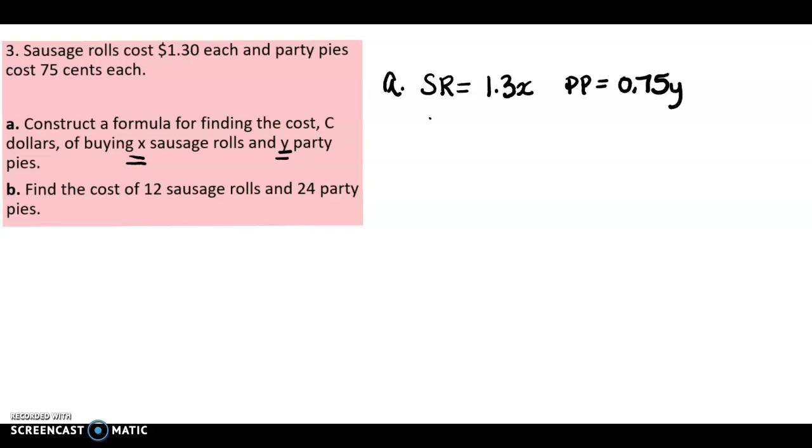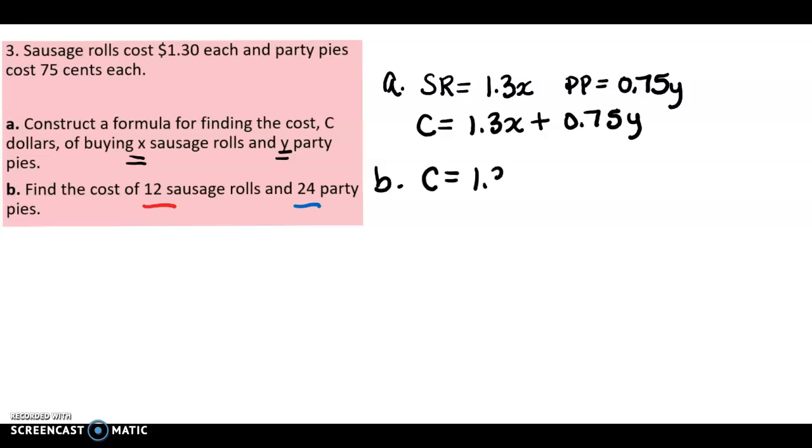So then the formula would be cost equals 1.3x plus 0.75y. And then part B asks us to find the cost of 12 sausage rolls and 24 party pies. So that essentially means that we're going to substitute 12 in place of x and 24 in place of y.